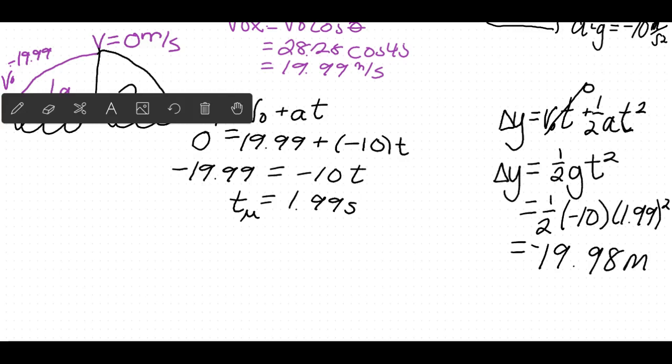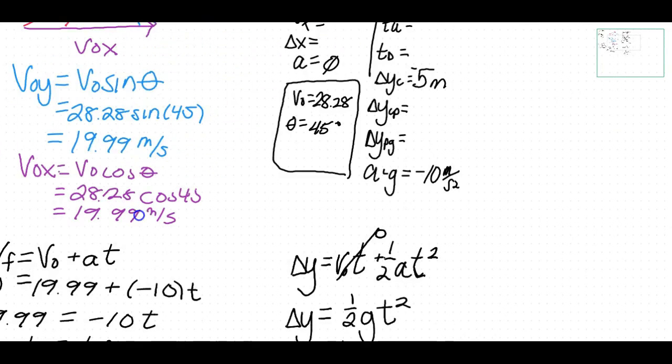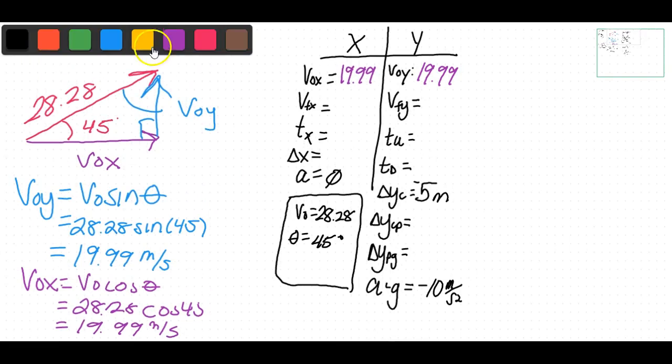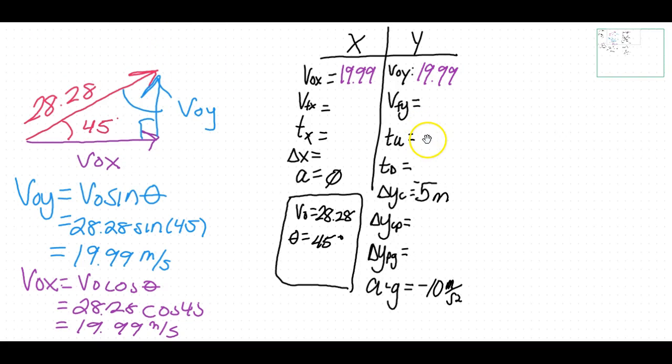So we can go back up to our table and plug some stuff in now. So our time up was 1.99 seconds. And our delta y cliff to peak was negative 19.98 meters.